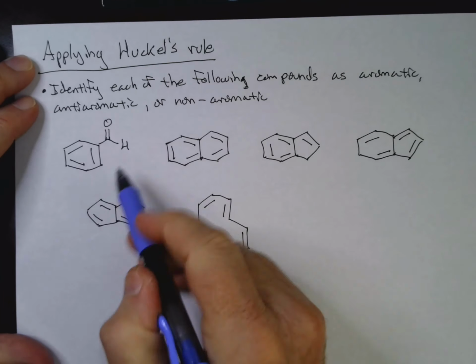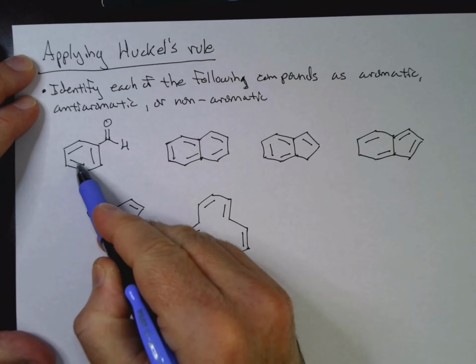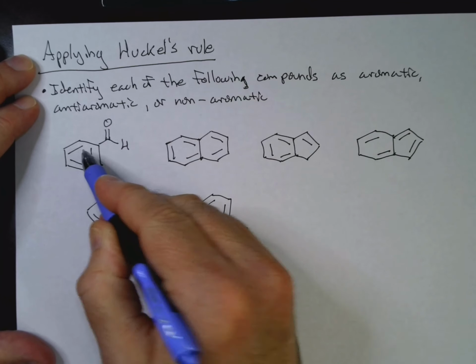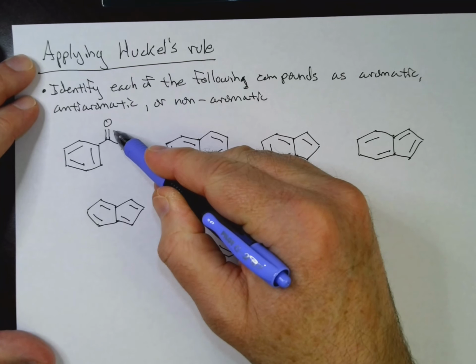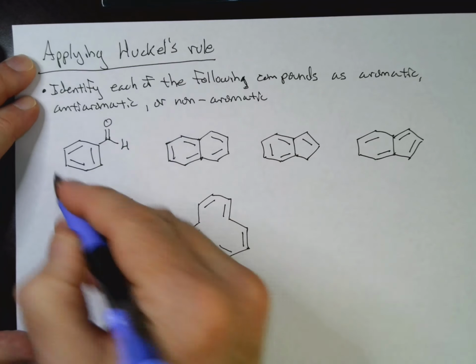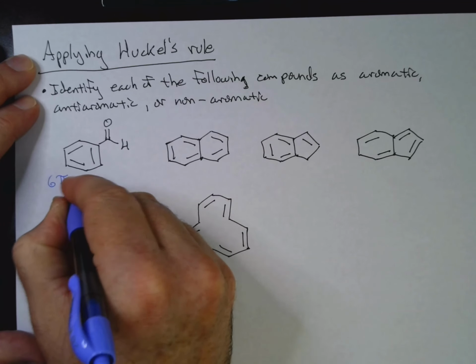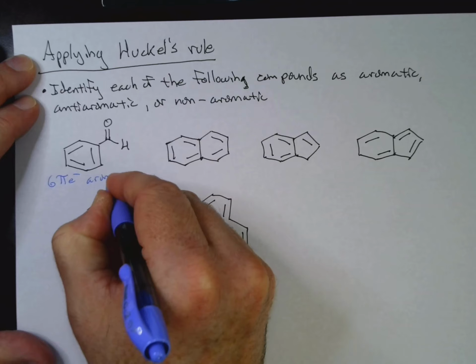All right, so we have here 2, 4, 6 pi electrons in a ring. Hey, we have pi electrons here, but guess what? They don't count. So we've got 6 pi electrons, so this is aromatic.